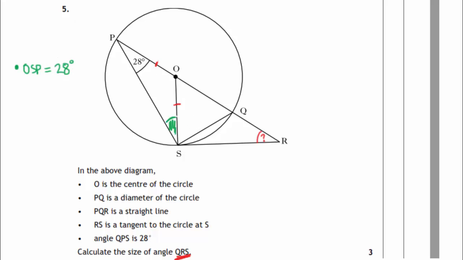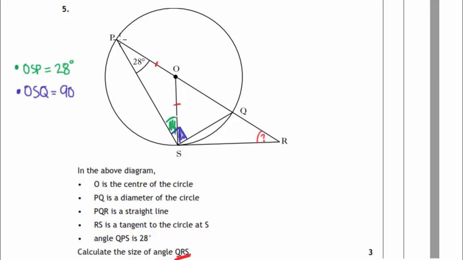Now that's handy knowing that, because if you then have a wee look at this triangle, which is PQS, one of its sides is an actual diameter of the circle, so we know that this must be a right angle. We've already accounted for 28 degrees in this right angle, so the difference between 90 and 28 is going to be this angle, OSQ.